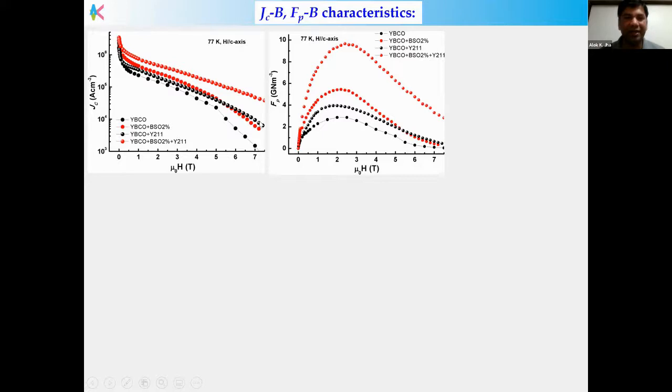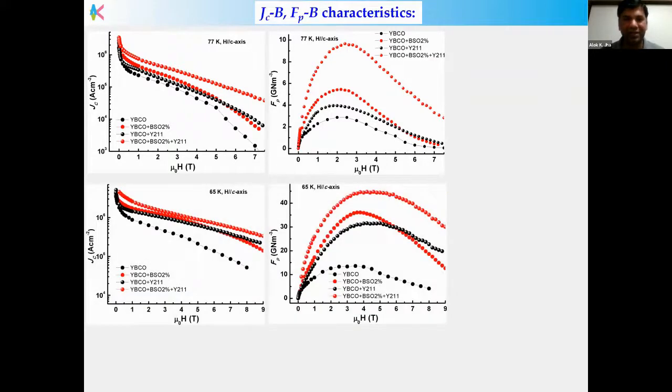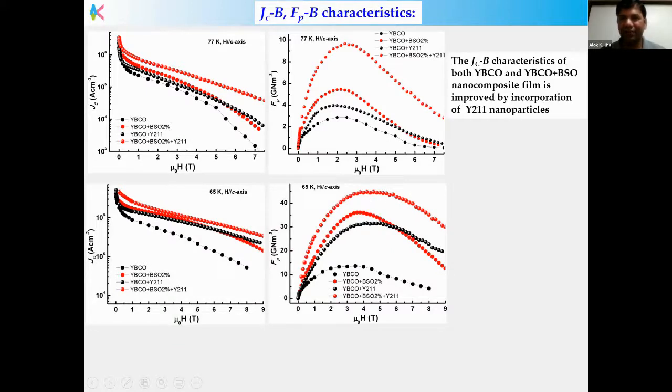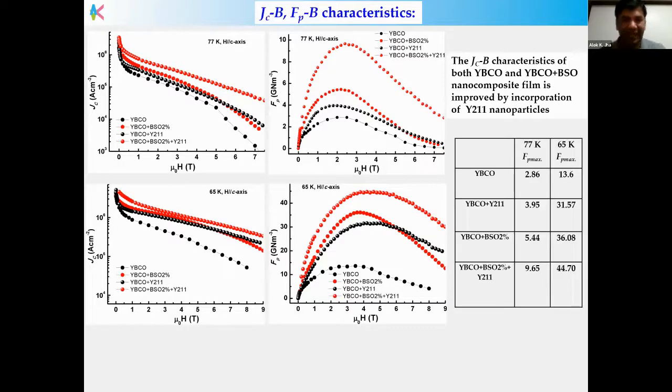But when we combine both the nanoparticle and the nanocolumn, we see a huge enhancement in the value of JC in the applied magnetic field, which is also reflected in the large pinning force density value of the hybrid APC sample. These results are at 77K, and we also see large enhancement at 65K. So the in-field critical current density of the hybrid APC sample is very enhanced, and the pinning force density value is also significantly large.